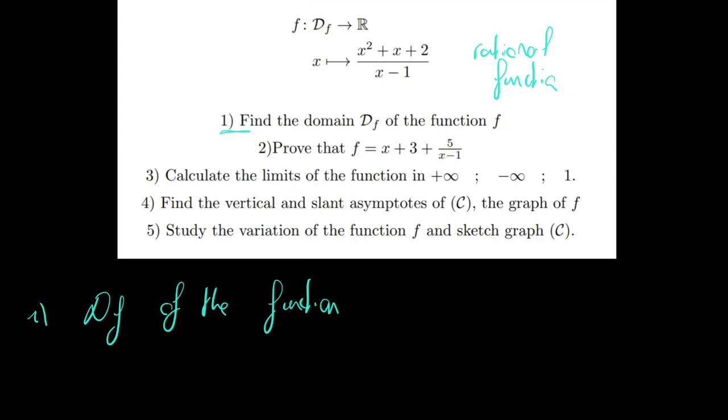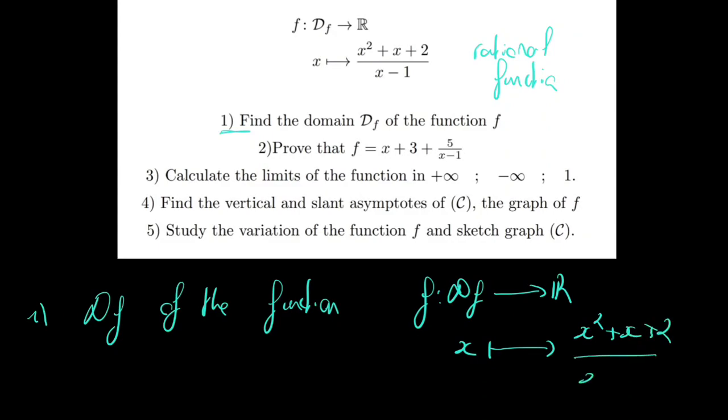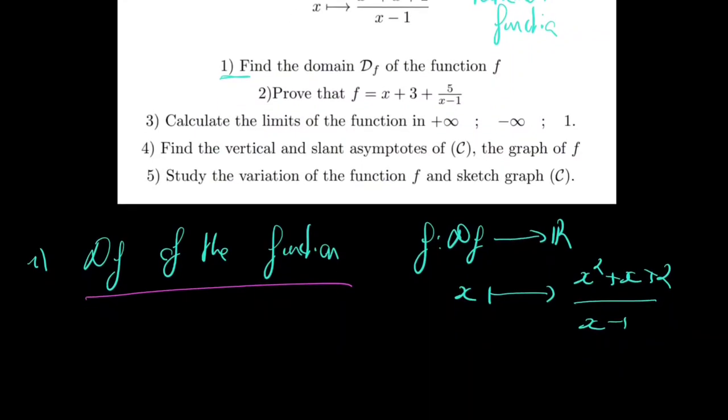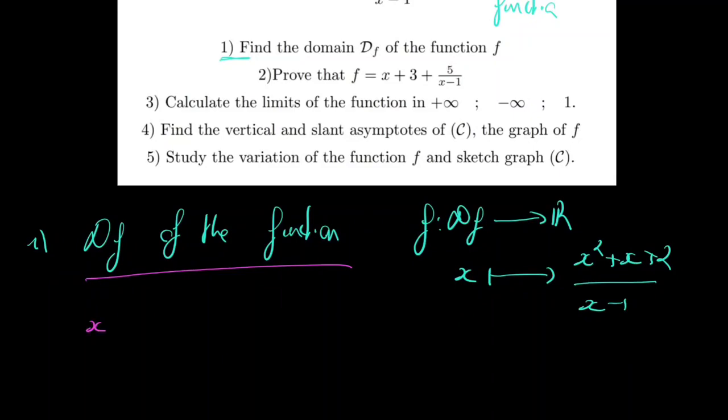Let's remind the function going from the domain of x to R, and that given x will give x squared plus x plus 2 over x minus 1. The domain of the function df is the set of all x's such that this makes sense.